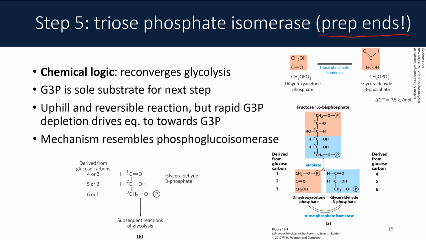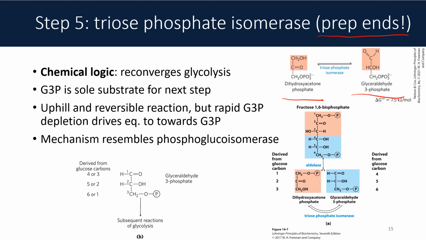Because of the previous aldolase reaction, we have 2 different substrates to work with, and we need to oxidize them both with the same set of enzymes into pyruvate. This is going to be difficult, so what glycolysis is going to do is make our lives easier. The 2 products of aldolase, DHAP and G3P, can be interconverted with triose phosphate isomerase.